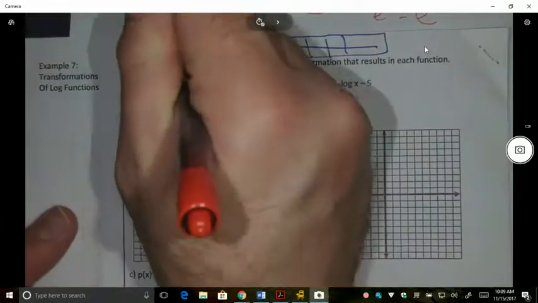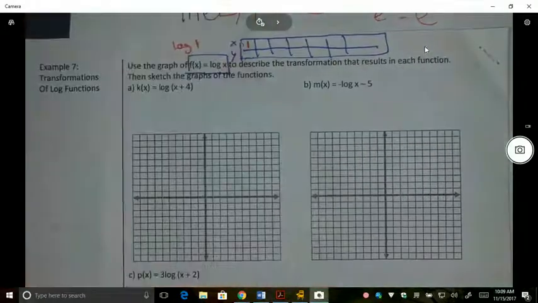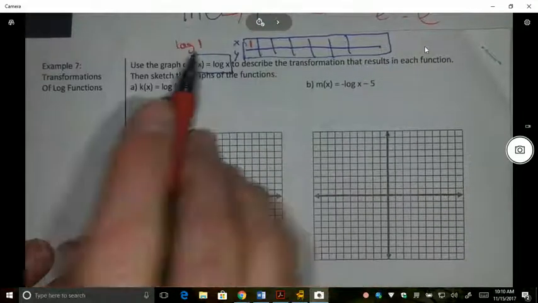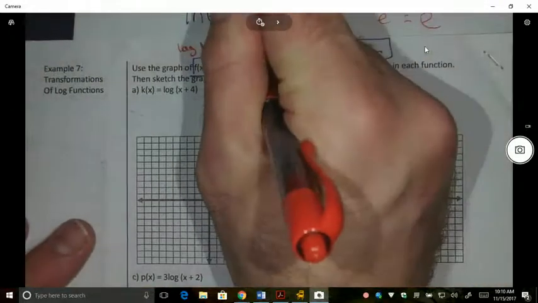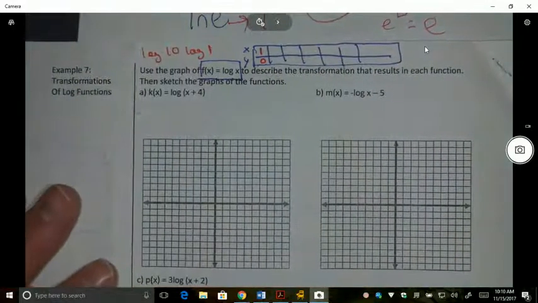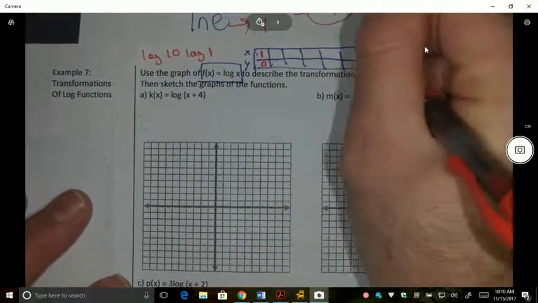So I'm saying, what's log of 1? Not quite. Remember, this is 10 to what power is 1? 10 to the 0 power. Now, if I do log of 10, what's log base 10 of 10? 1.